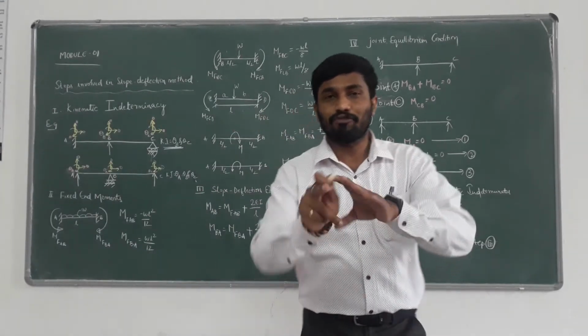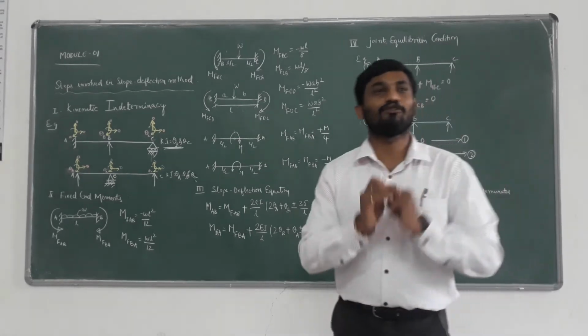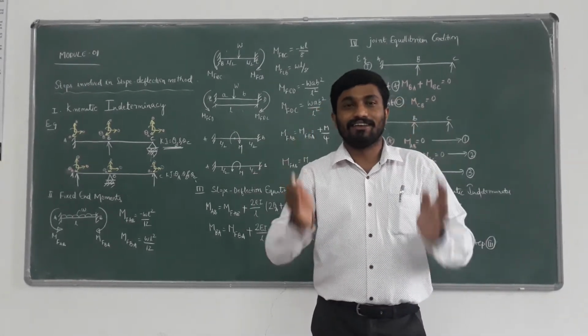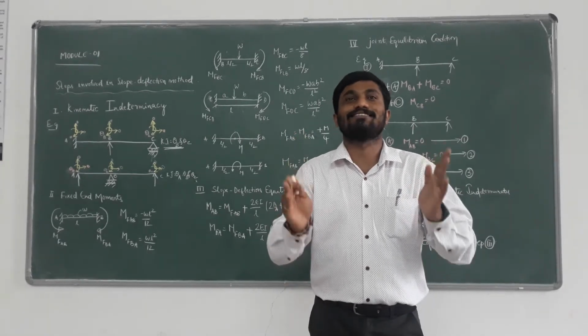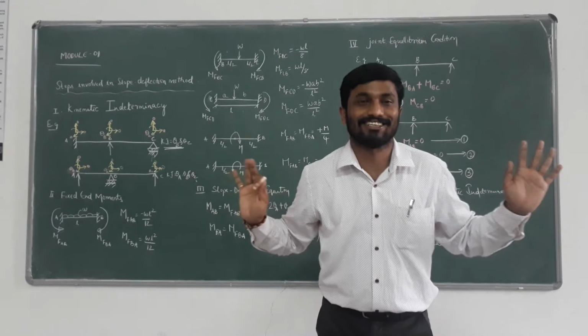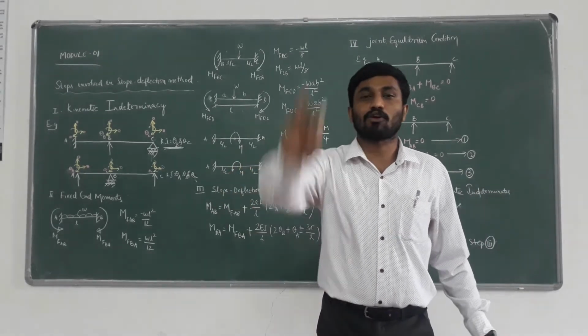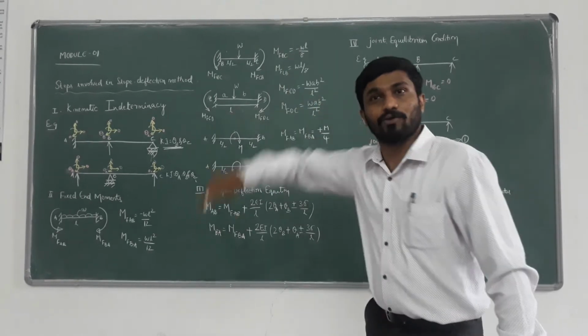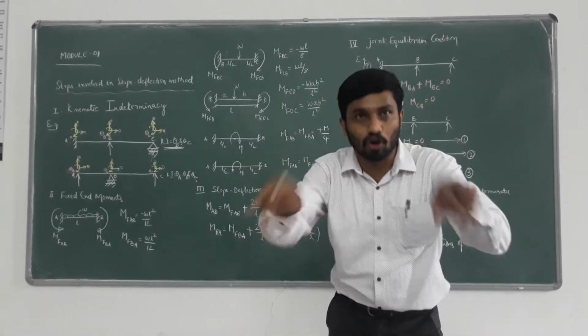So this is the very first step, identifying the kinematic indeterminacy. Please keep in mind that here we are assuming axially rigid, which means there are no translations. The possible displacements are only rotations. Those rotations we are going to determine as unknowns.